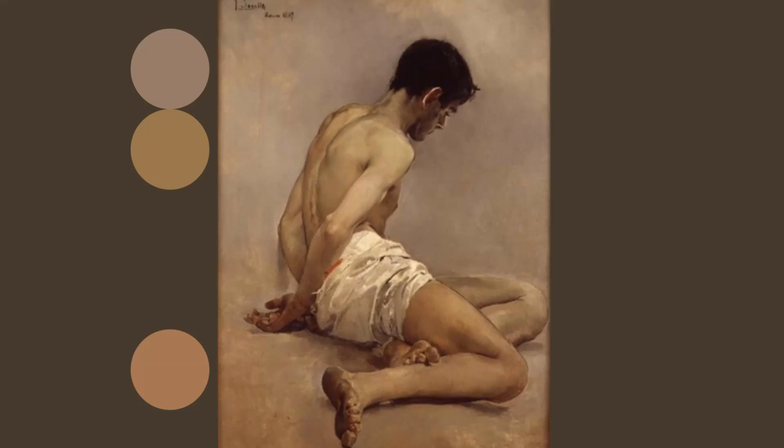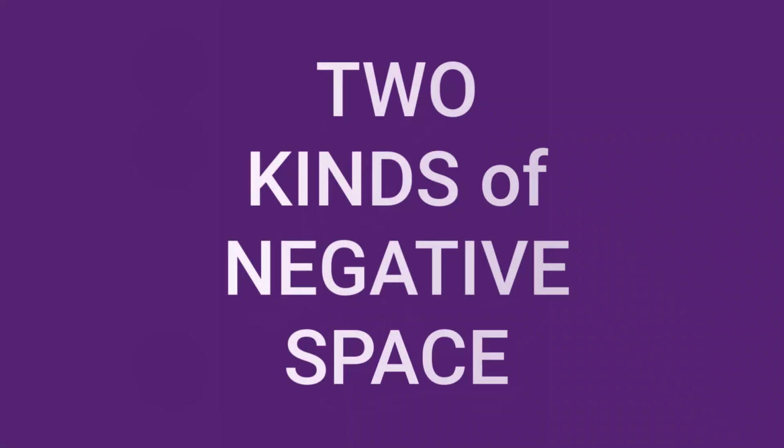So he's used color here, or the repetition or continuation of color, from positive into negative in order to support the interpretation of a figure within a three-dimensional space.